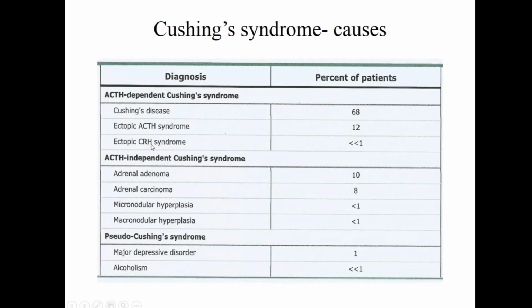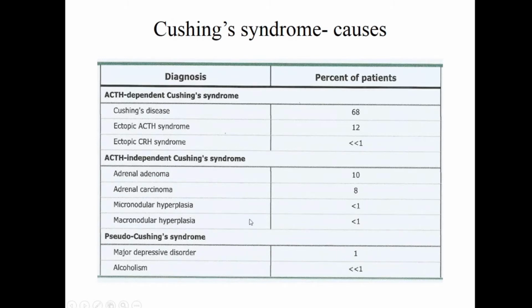Corticotrophin releasing hormone is normally secreted by the hypothalamus. But at times in some tumors, the one usually mentioned for ectopic corticotrophin releasing hormone is again a tumor of the lung. It is a very, very rare condition. So in these conditions, you'll have ACTH high, and that is why it's known as ACTH dependent Cushing syndrome. Now we go to the next, ACTH independent Cushing syndrome.